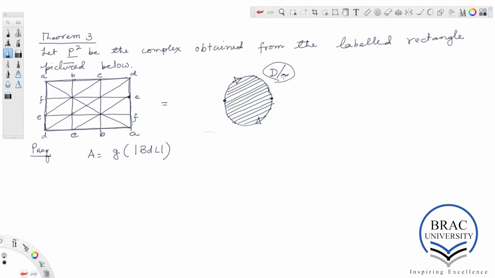It's immediate here that this is equal to this, because the diametrically opposite points are being identified. Each of the diametrically opposite points are being identified.